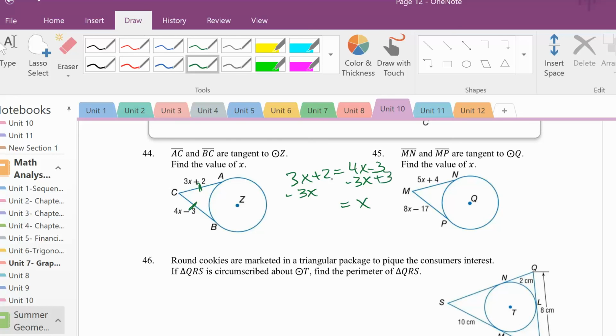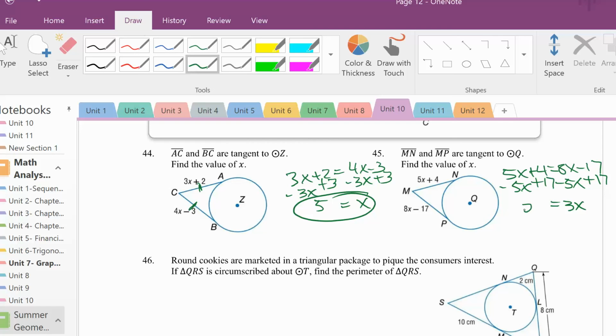Then you add 3. So x equals 5. Same thing with 45. 5x plus 4 would have to equal 8x minus 17. So we get 3x, add 17, and you get 21. So then divide by 3, and you get 7 equals x.